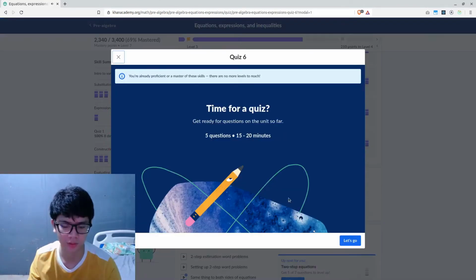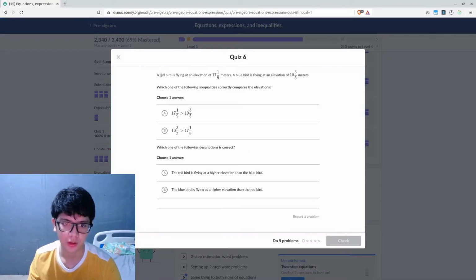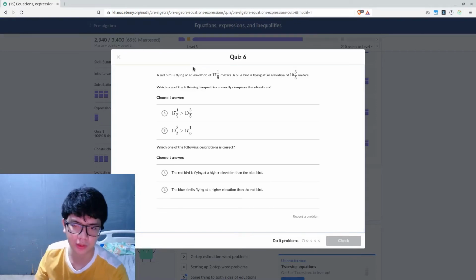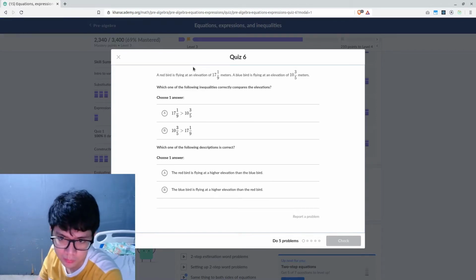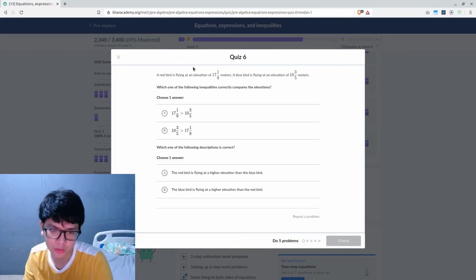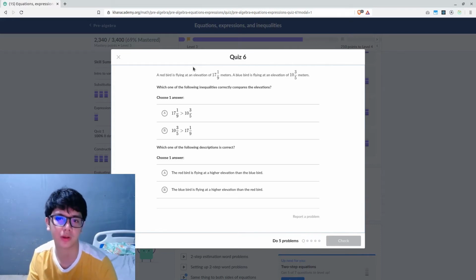Let's do the quiz. A red bird is flying at an elevation of 17 1/9 meters. A bluebird is flying at an elevation of 10/35 meters. Which of the following inequalities correctly compares the elevations?